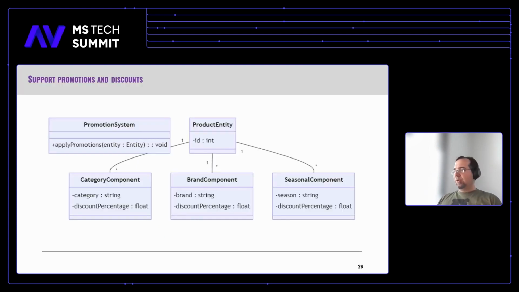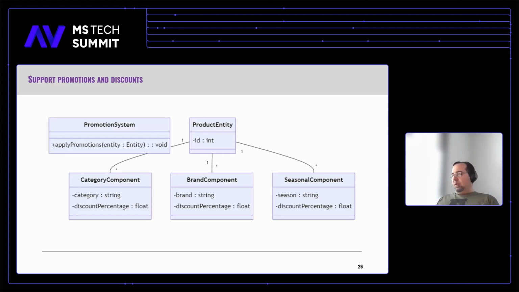And about promotions, it will be even simpler than the products and the ordering. So now we'll simply have components for each type of discount, right? And you will have a promotion system that will take a look at products that are marked as needing to be processed before they get sent to the payment system, right?